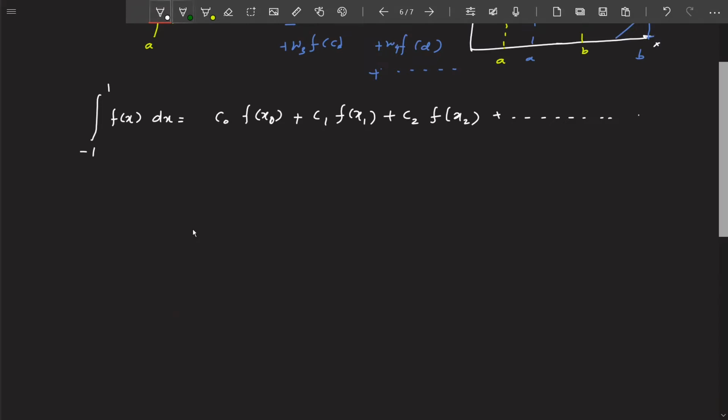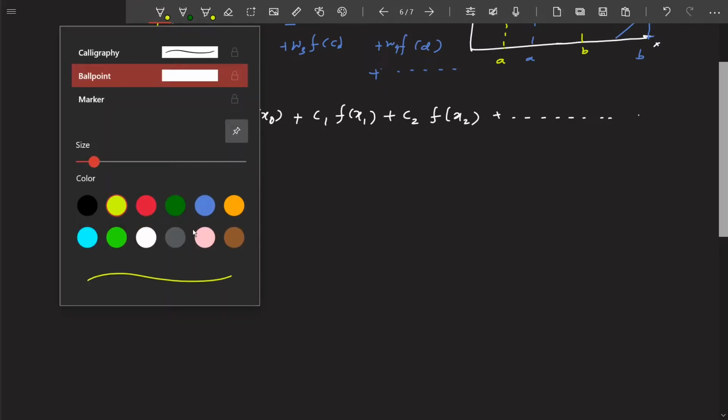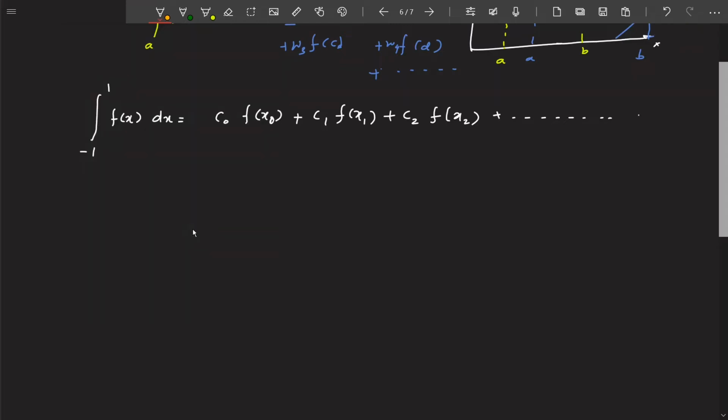When you select just these 2 points, this is known as the 2-point Gauss Quadrature formula, when you just include these two constants.